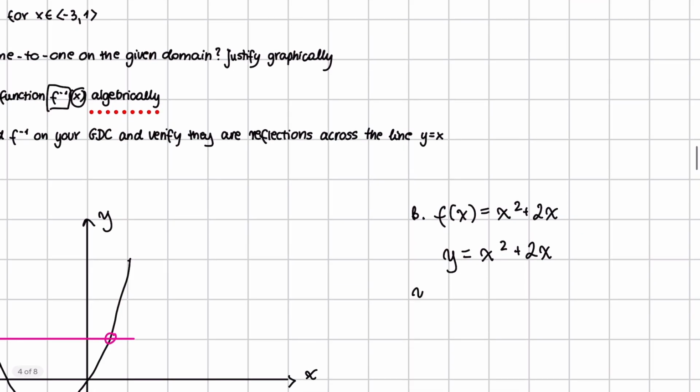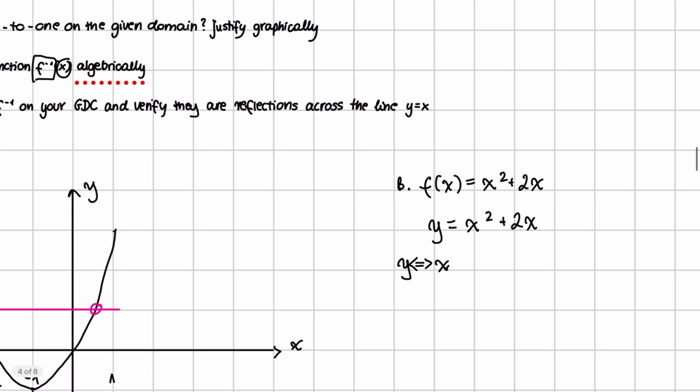So our y, we switch it with x. So we have x equals y squared plus 2y. So we have basically the same function, however our letters are switched.